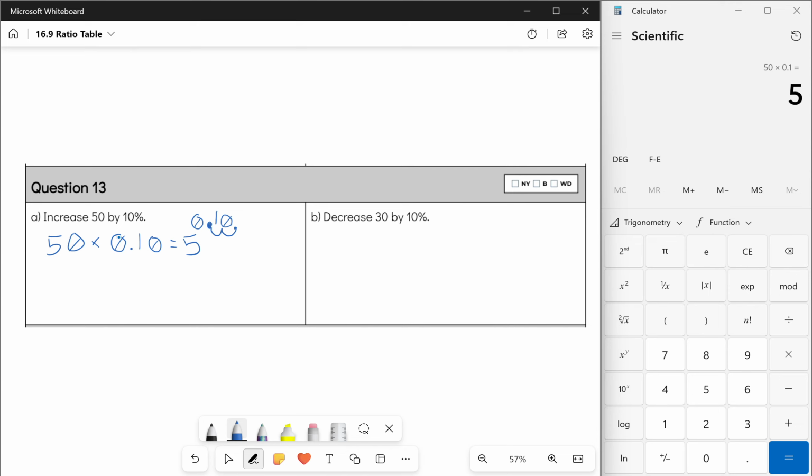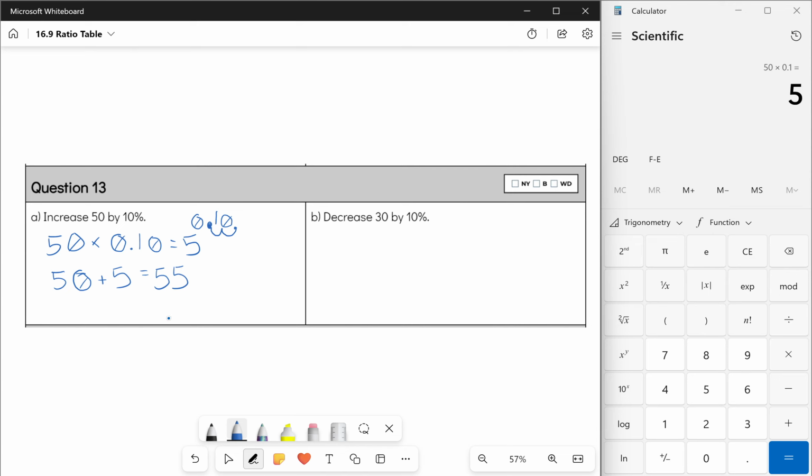So I know that 10% of 50 is 5. Now I just need to increase 50 by 5. And the way I do that is good old addition. 50, oh, I've just given you the answer by accident. I'm getting ahead of myself. 50, our base number, plus 5 equals 55.